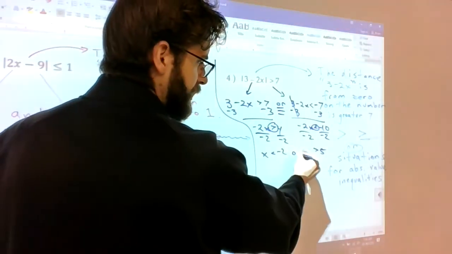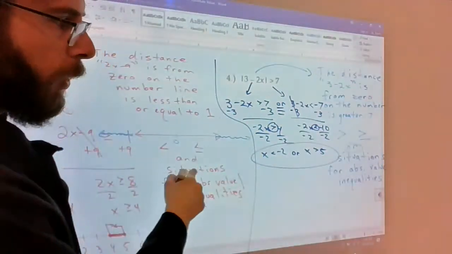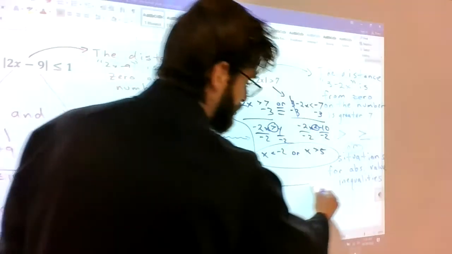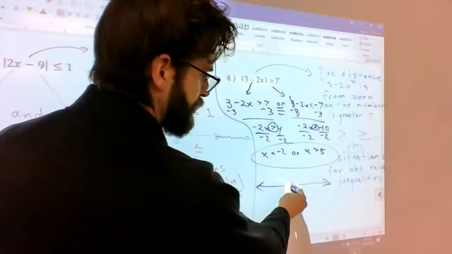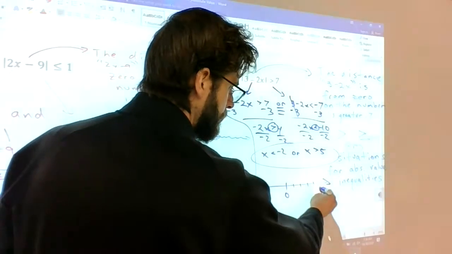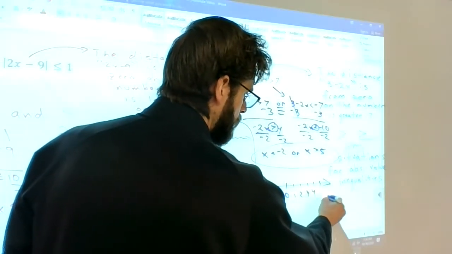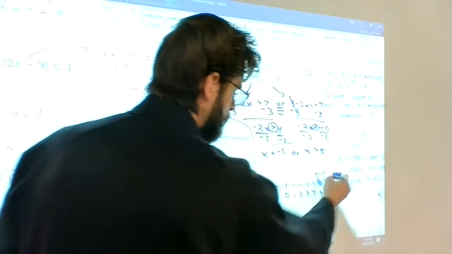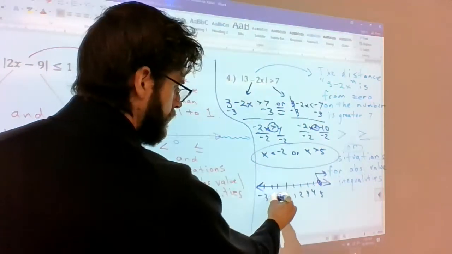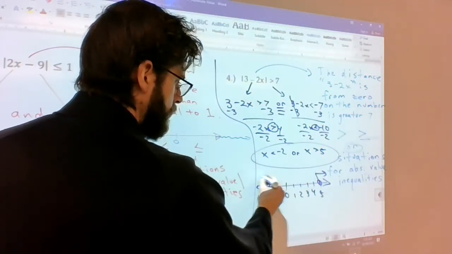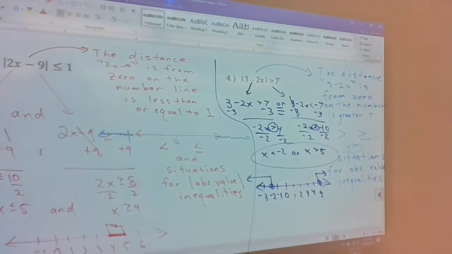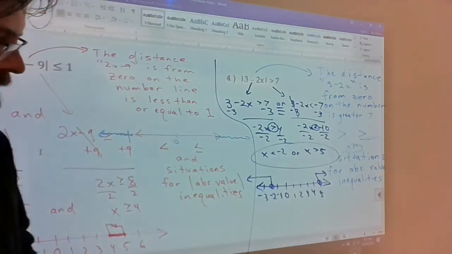And here's your solution. X is less than negative 2 or x is greater than 5. It's a regular or statement. So you just graph it as is and you're done. Final answer right there.